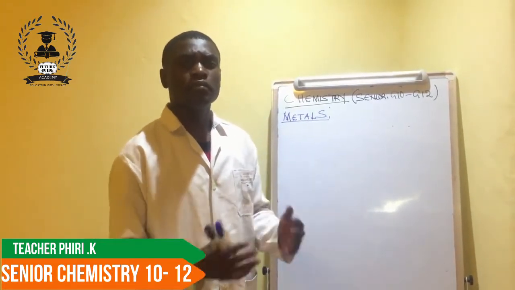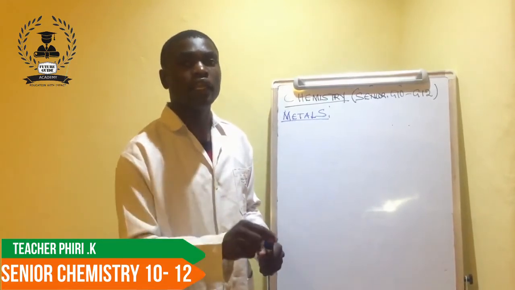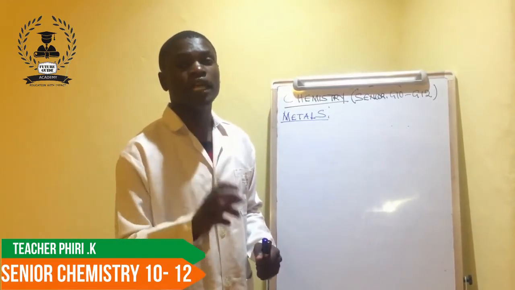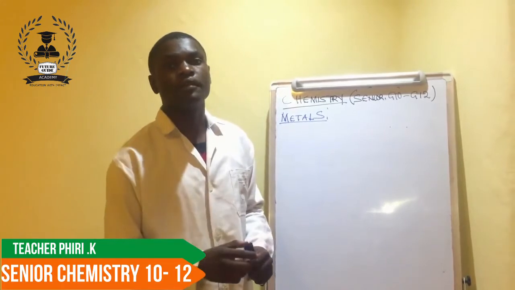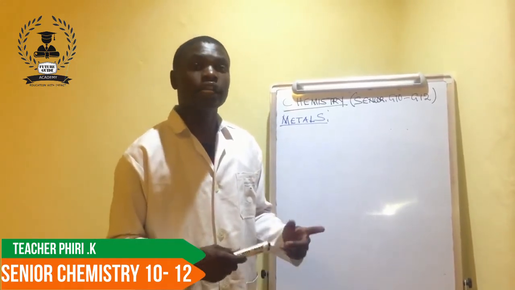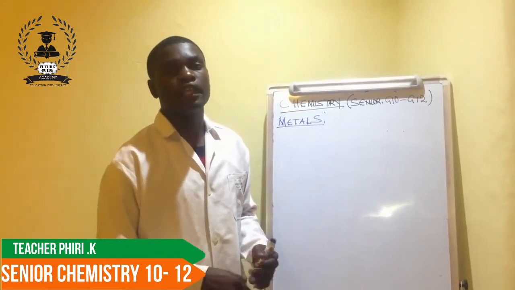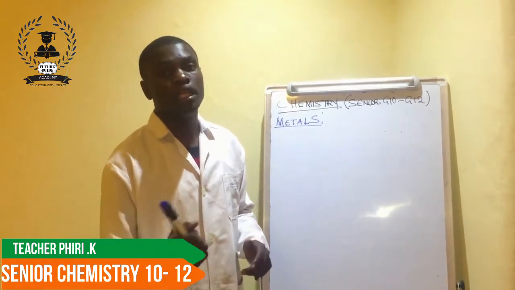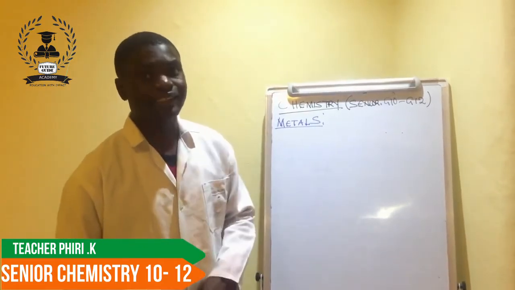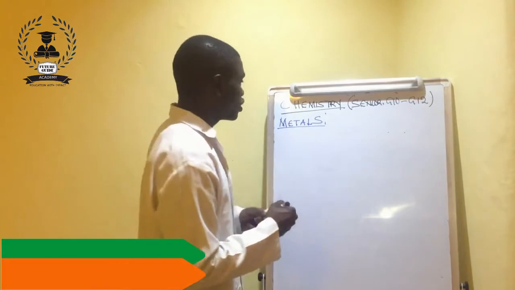Now, simply put, metals, these are elements that are effective conductors of electricity as well as heat, and at all times they form cations, meaning they become positively charged. Now, let's write that definition.